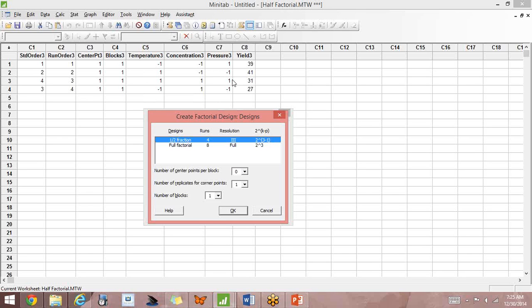If you're going to confound it with second order factors, that means temperature along with concentration is one confounded factor. Concentration with pressure is another confounded factor. Pressure with temperature is another combined factor, an interaction factor basically. So that is called a two-way interaction effect.